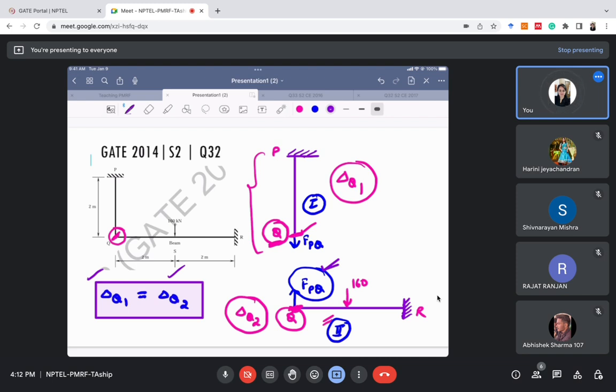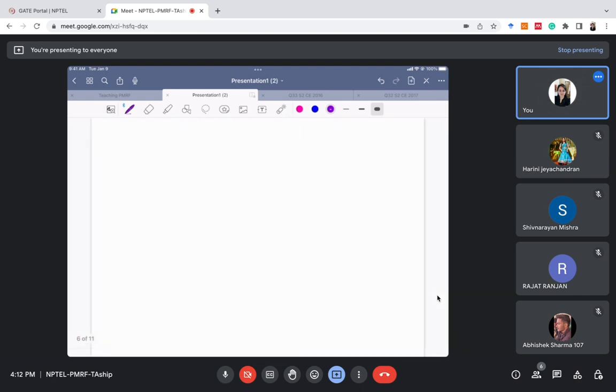But before that, there's a thing which is not given in this question, which they should have mentioned. They should have given that axial deformation can be neglected.